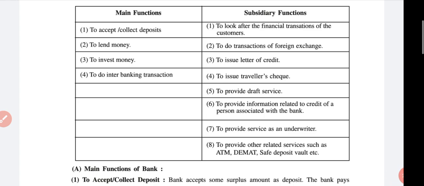There are 8 points, including to look after the financial transactions of the customer, to do transactions of foreign exchange, to issue letter of credit, to issue traveler's check, to provide a draft service, to provide information related to the credit of a person associated with the bank, to provide a service as an underwriter, and to provide other related services such as ATM, demat, safe deposit vault, etc.